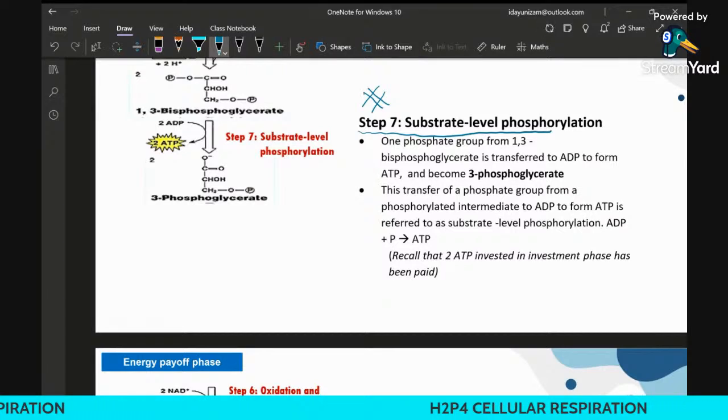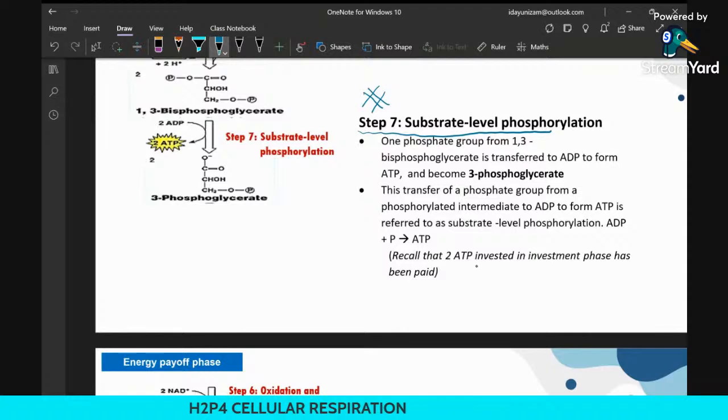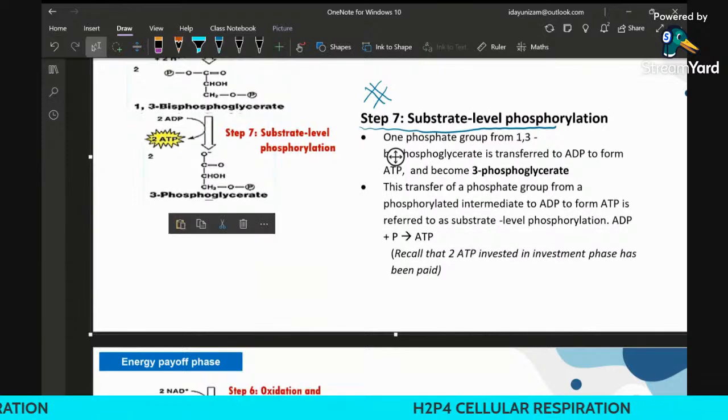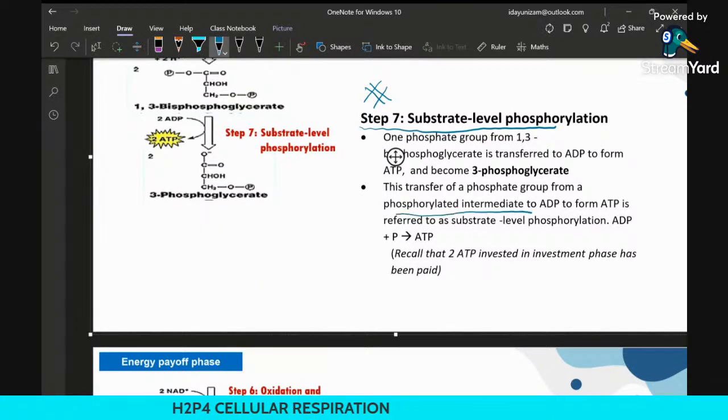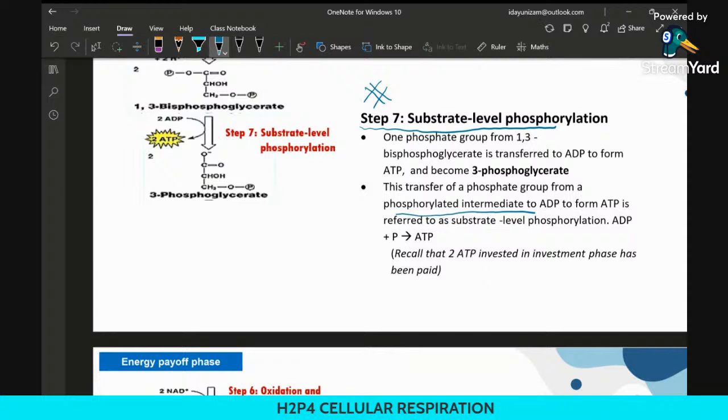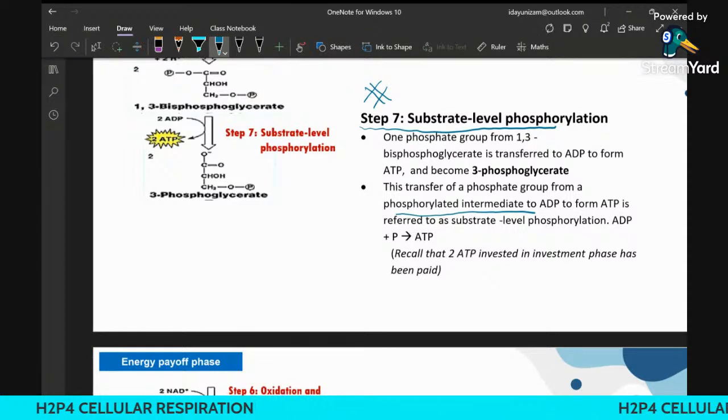So how does it happen? The 1,3-bisphosphoglycerate will release its phosphate to the ADP to become ATP.